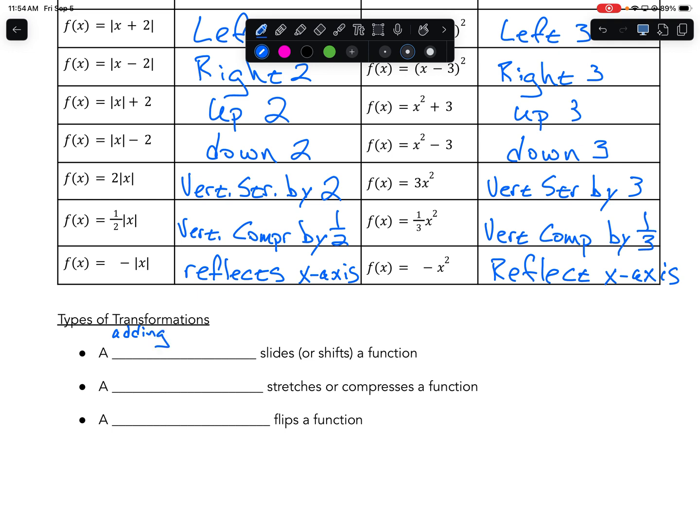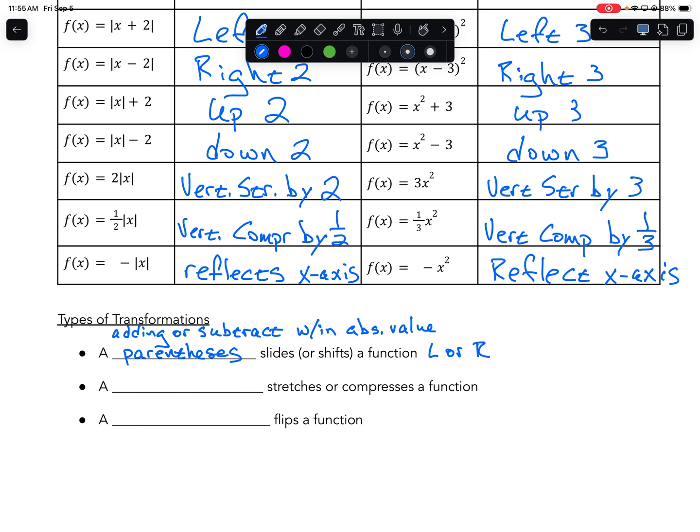So below, when you add or subtract, I'm writing it small because I'm going to write a bunch right here. I didn't feel like there's enough in there. If you add or subtract within absolute value or parentheses, then it slides or shifts a function, as in it goes left or right.